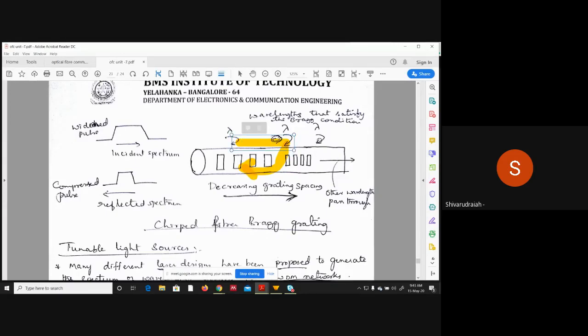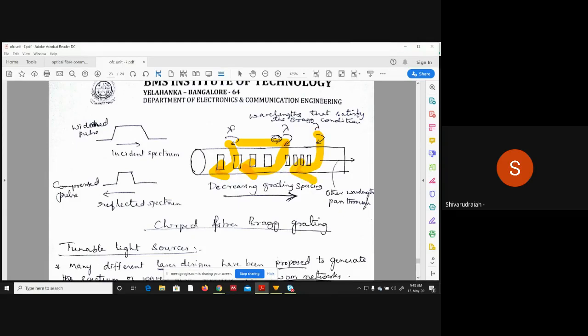Next, consider a third wavelength, and we assume that this incident widened pulse is a contribution of only 3 wavelengths. The first wavelength has reflected at the end of the second grating itself, whereas the second wavelength has reflected at the end of the fifth grating, and the third wavelength will start reflecting at the end of almost all the grating structures, right?